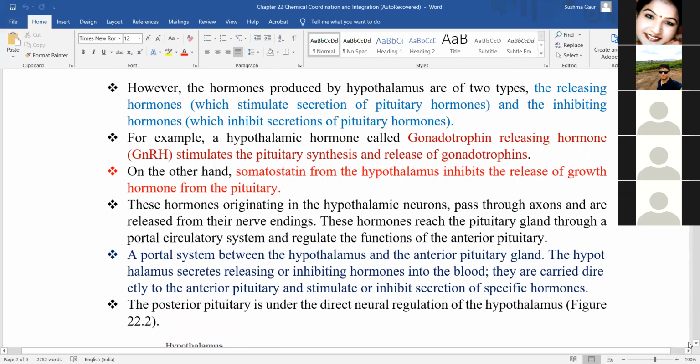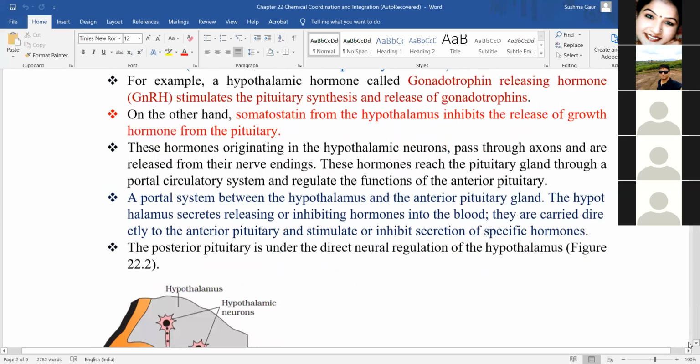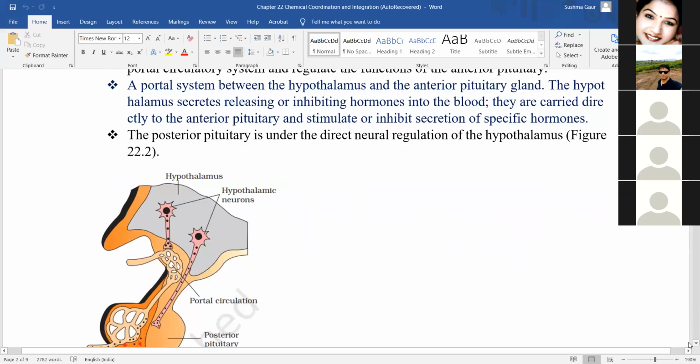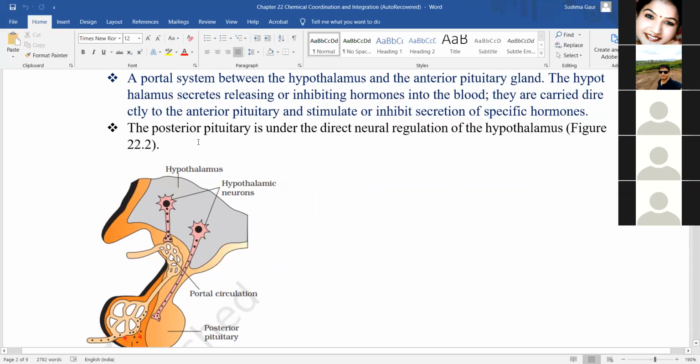And now this is all about the anterior portion of the pituitary. Now what about the posterior portion of the pituitary? The posterior portion of the pituitary is under direct neural regulation of the hypothalamus, meaning there is no need of a portal circulation. These neurons directly control the posterior portion.